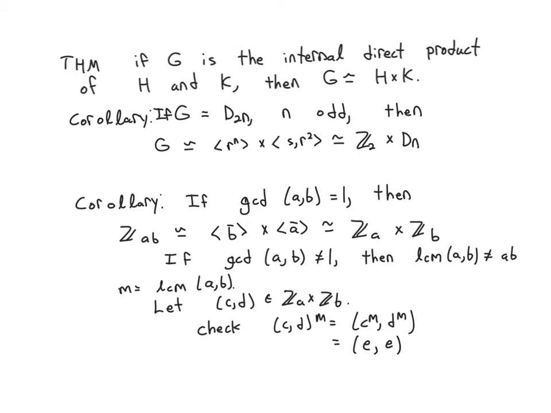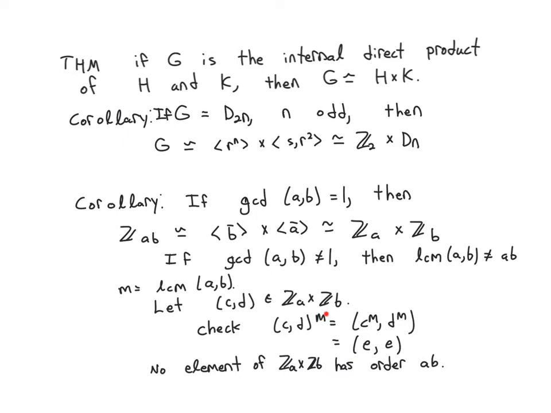And so we see that no element of C_A cross C_B has order A times B. Why?